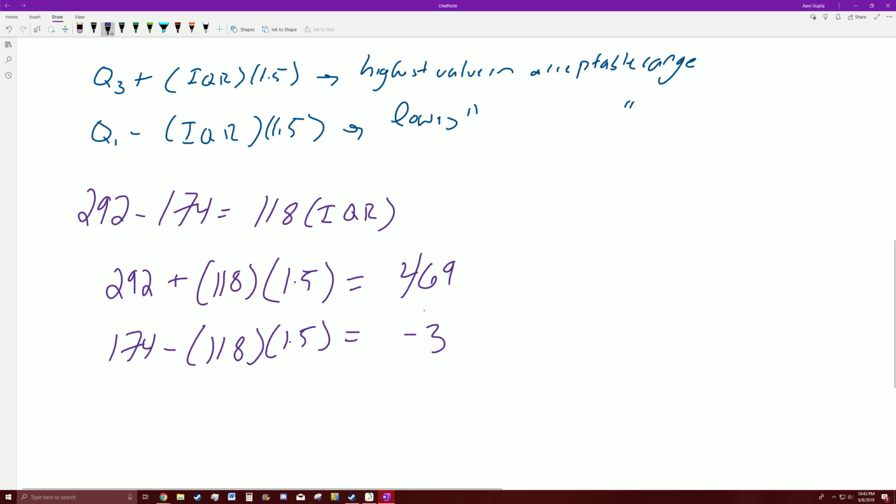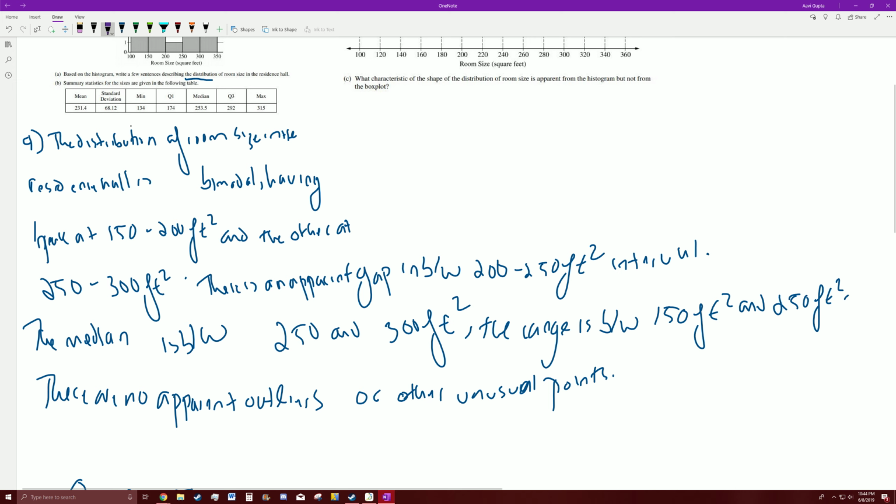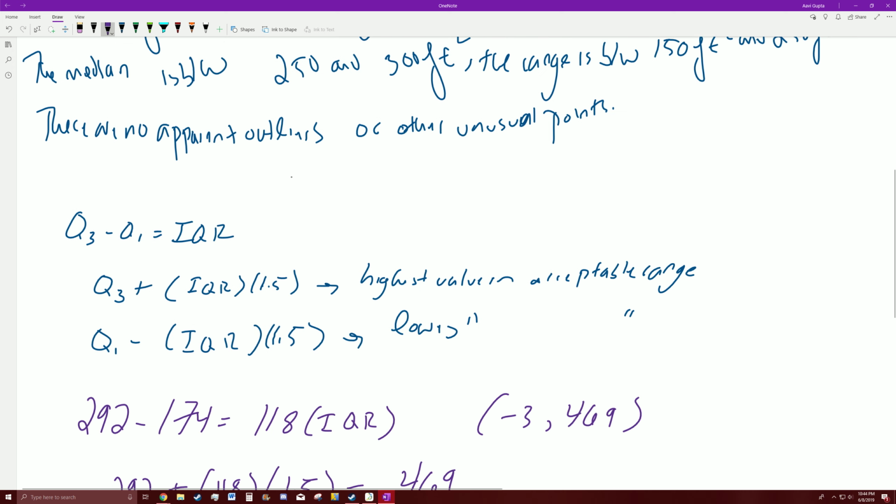Let me just confirm these calculations with the calculator. Yeah, okay, we're good. So now -3, 469, that's your acceptable range. So anything above and below is considered an outlier. Okay, there are no outliers.